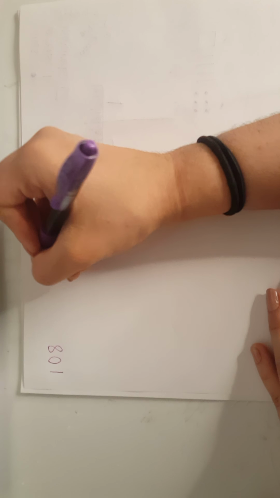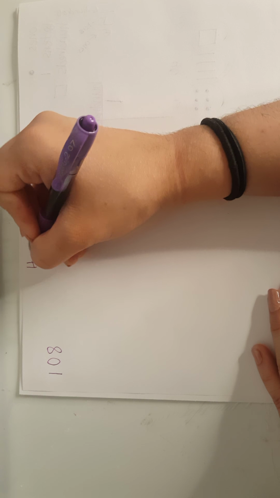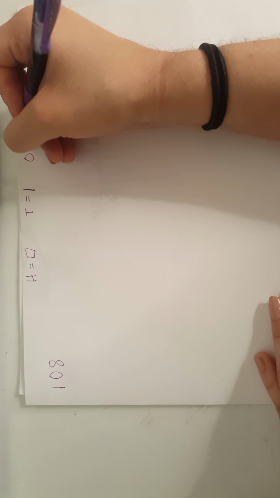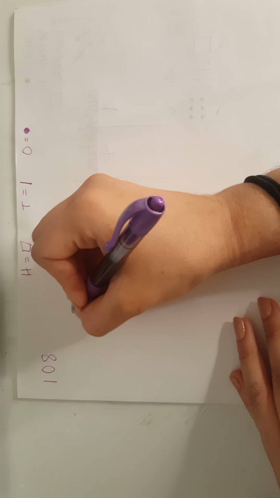Let's try another example. Let's see the number 108. Okay, so remember the 100 will be represented as a square, the tens as that, and the ones as this. So 108, let's do our chart.